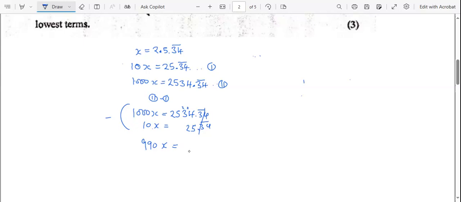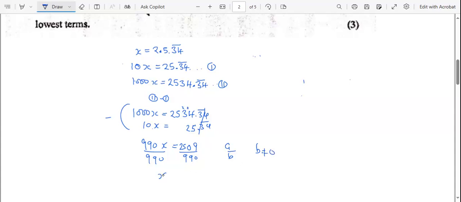If you subtract that, that will give you 9, then 0, then 2 5. So 25, there, if I'm not mistaken, you can verify with me. So divide throughout by 990. This means that we have expressed it in the form of a over b, where b is not equal to 0.